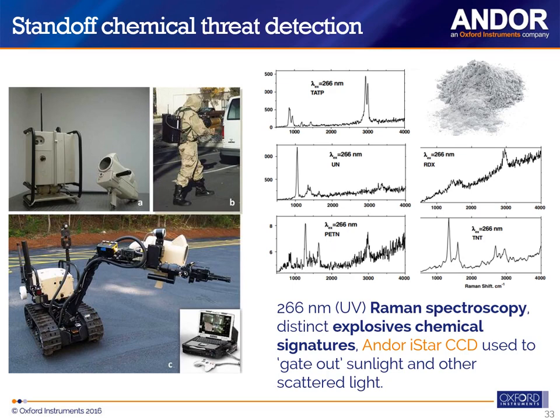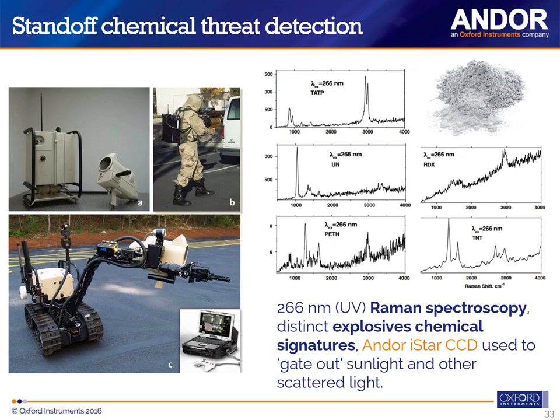In that case, the ICCD is used because the Raman signal is very weak, and the Raman signal is only present when the pulse laser is on, and the pulse laser can be only a few nanoseconds. So you have only a small nanosecond time frame during which the useful signal is generated, but then you have potential disruptions from the sun and scatter light, because this type of detection is done outdoors.